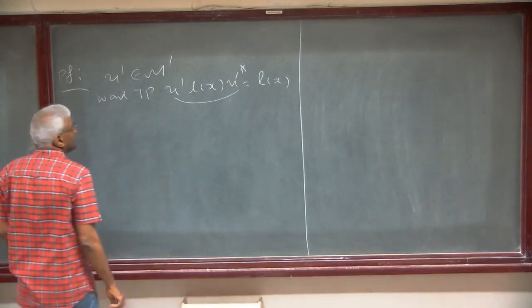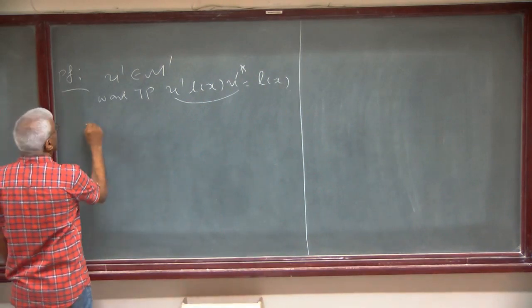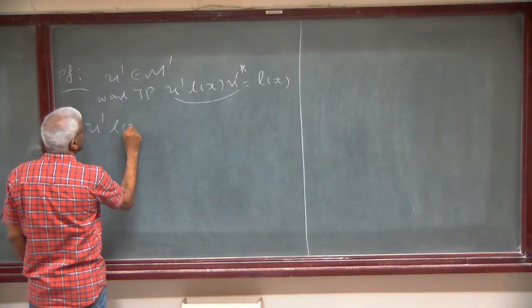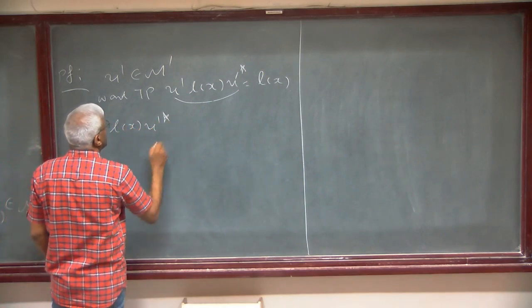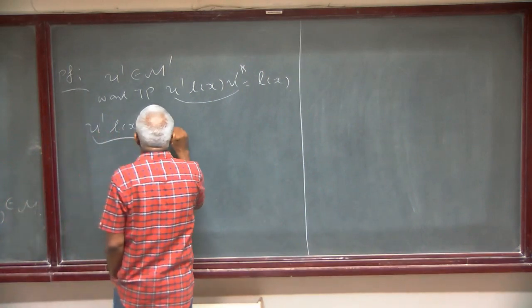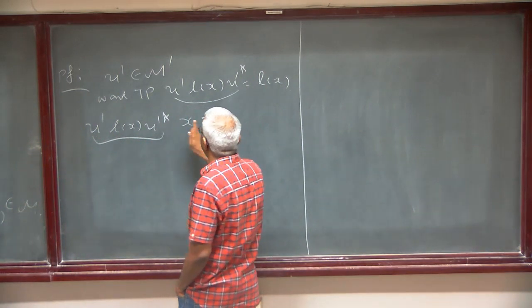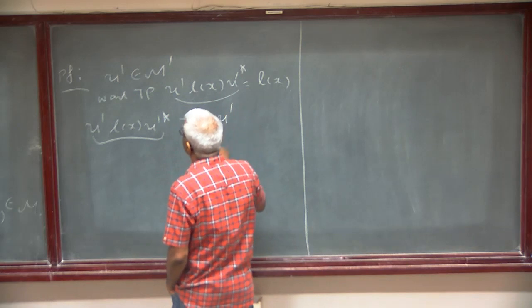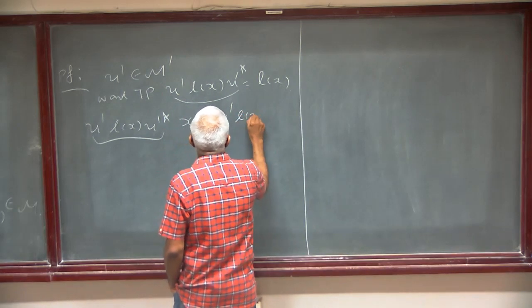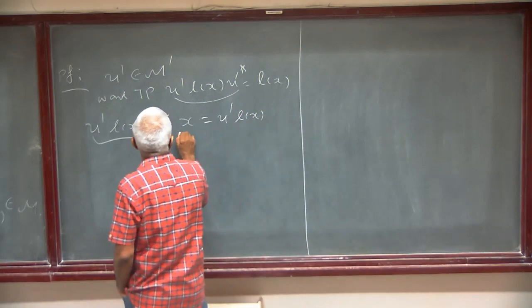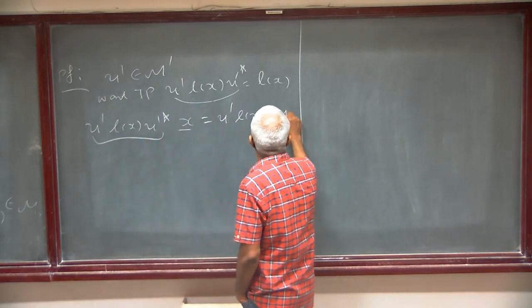So this is a projection. Now U prime L of x U prime star is a projection, and with x, this commutes with this x. So you can take it out. That is U prime L of x times x times U prime star.